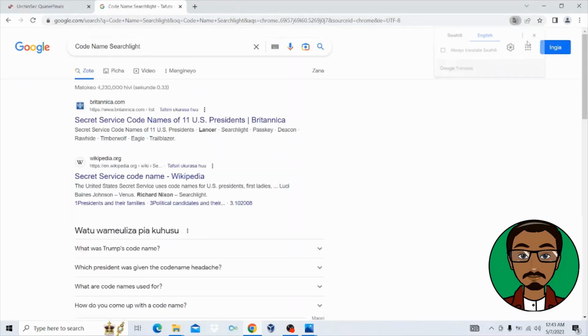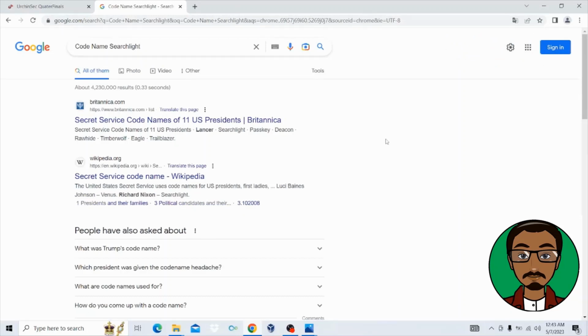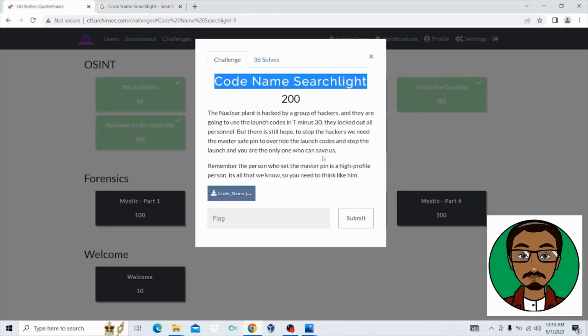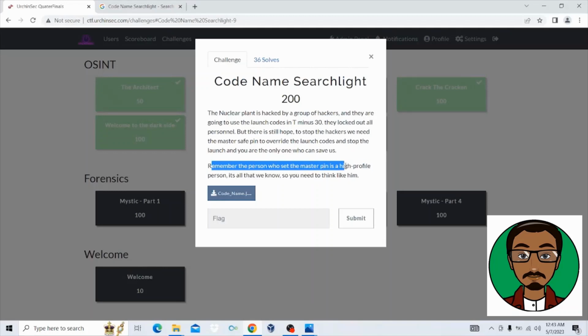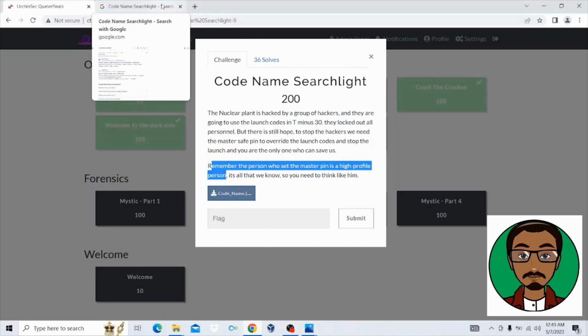So we can see here things relating to Secret Service code names, etc. So I think that correlates with this part which says, remember, the person who set the master pin is a high profile person. But up to this point, we still don't know who this person is. So it could be that this person, who is a high profile person, was given the code name SearchLight.